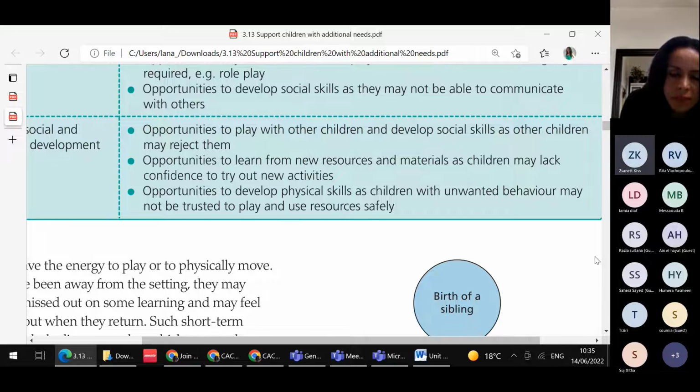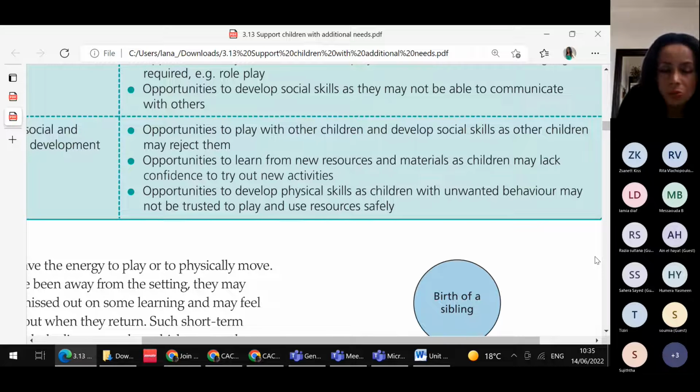Also, they have fewer opportunities to learn new resources, materials. Maybe they would have a lack of confidence. They will have low self-esteem. They wouldn't be able to participate in new activities. It all depends on the child. Also, the opportunities to develop their physical skills.